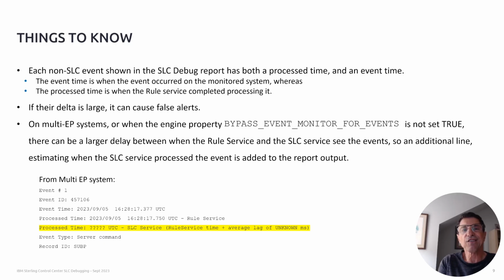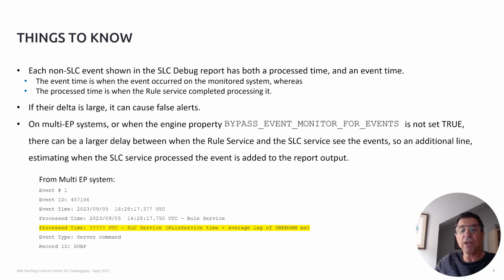And delays between when the event actually occurred and when Control Center got it and processed it may cause problems, may generate what customers call false alerts. On multi-EP systems, you have to use that event monitor to get events from the database to feed to the SLC service, as I talked about on an earlier slide, and that's even another delay that can cause more problems.